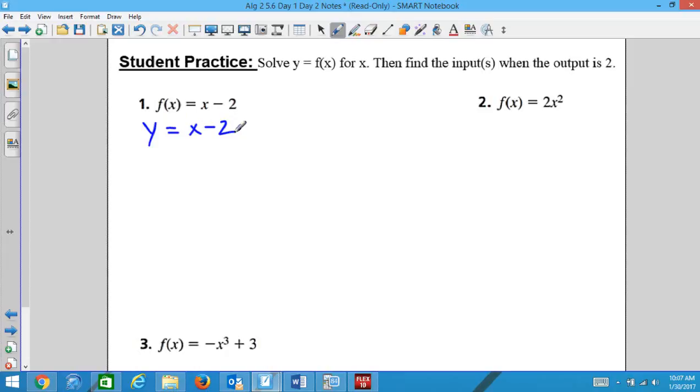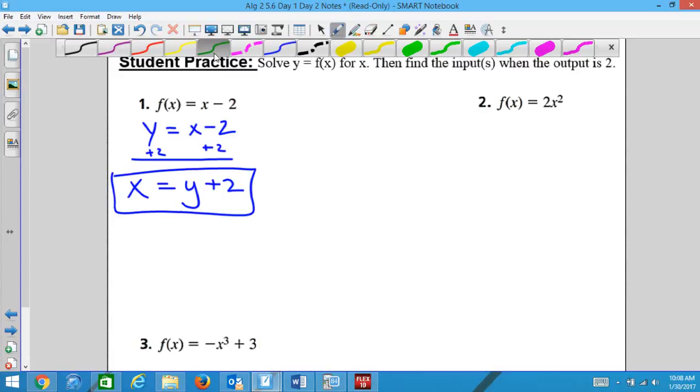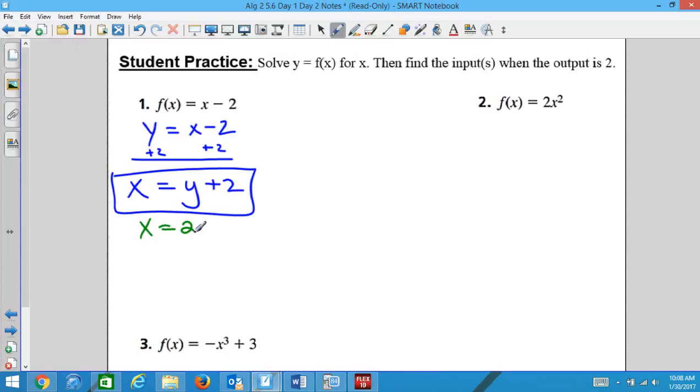Then what do we do next? Add 2. When I write my answer, I write x equals first. And then after that, we're going to do the B part. We're going to plug in 2 for which variable? What's the output? Y. So we're going to do 2 plus 2, so x is 4.